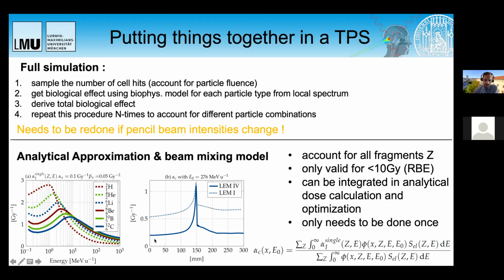And this is exemplarily shown here for the alpha parameter for one specific beam energy. And you basically apply some dose averaging over the different fragments, and then you come up with this line. And so at the end, these biological depth dose profiles are called depth-dependent dose averaged radiosensitivity parameters.